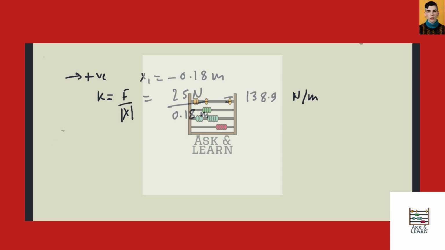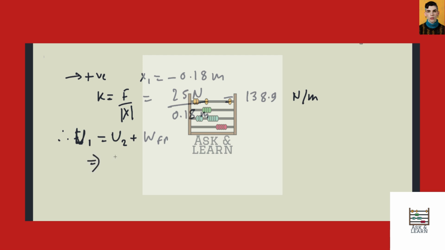Therefore, we use energy conservation. So U1, the initial spring energy, is equal to the final spring potential energy plus the work done by friction, right?